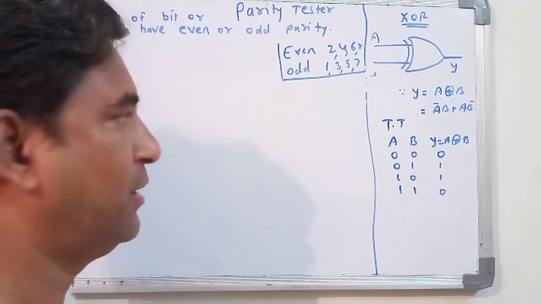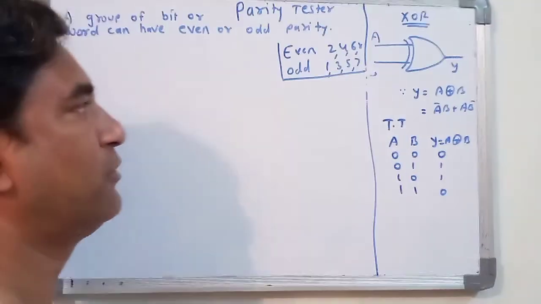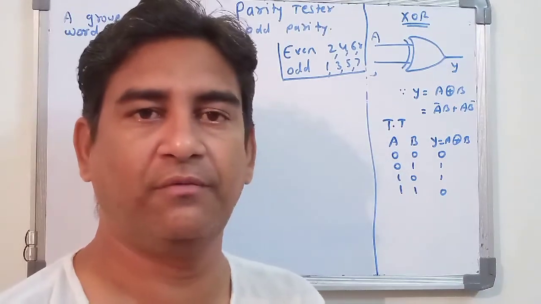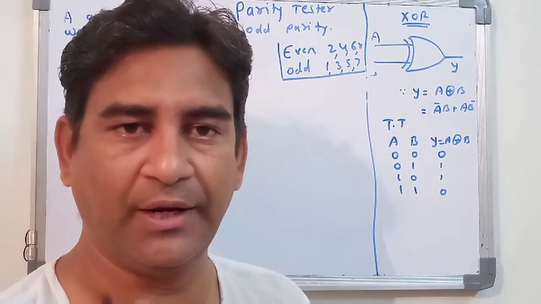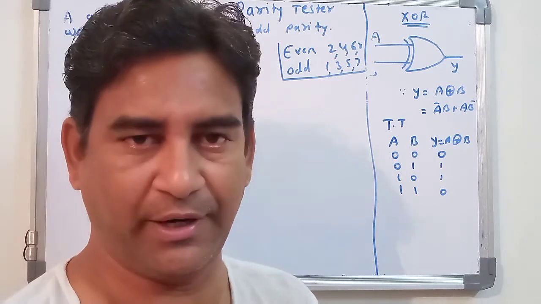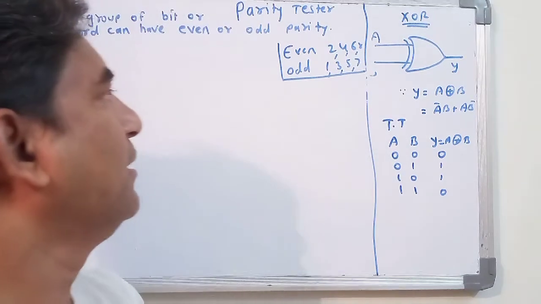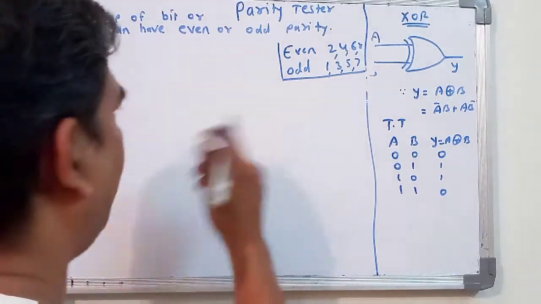Okay students, now how does the logical diagram have to be drawn? It is drawn only with the help of XOR gates. You require three XOR gates, drawn like this.